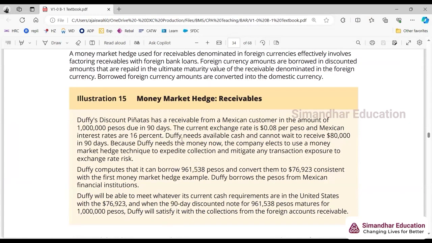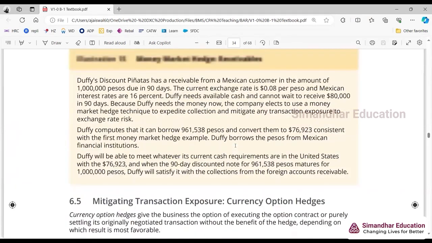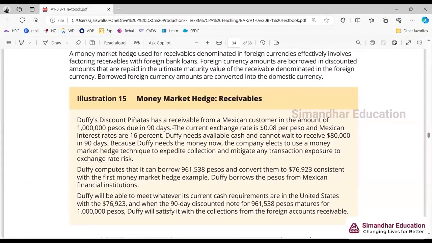Similarly, if we have receivables, it's just the opposite. We have a receivable of 1 million pesos. So what we will do is we will borrow the present value today in pesos and convert it into dollars.